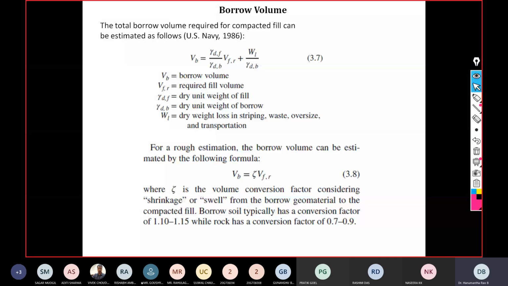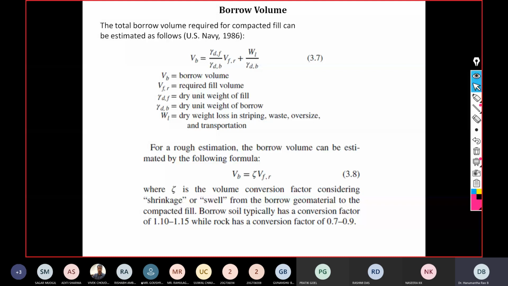Based on these two things, you can determine how much volume of the soil shall be excavated from the borrow area. So here we can see V_B represents borrow volume. That means how much volume of the soil is to be excavated from the borrow area.